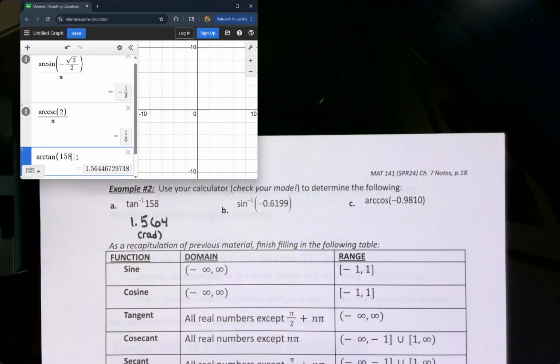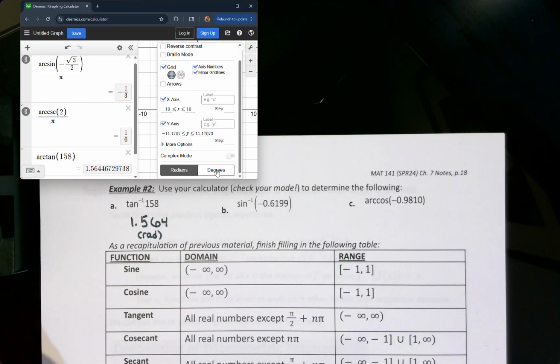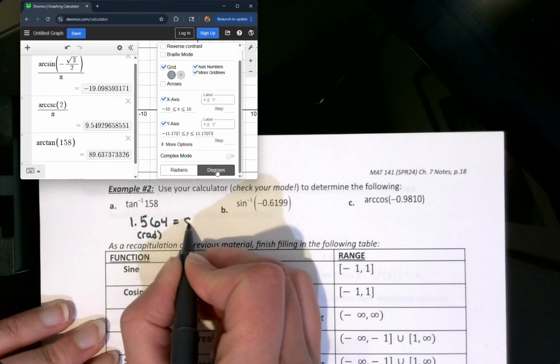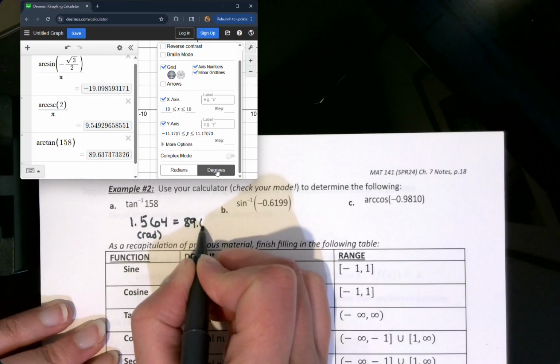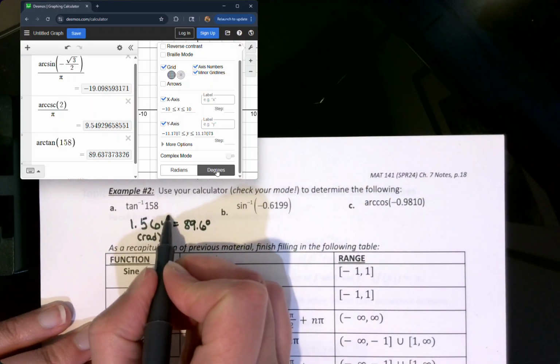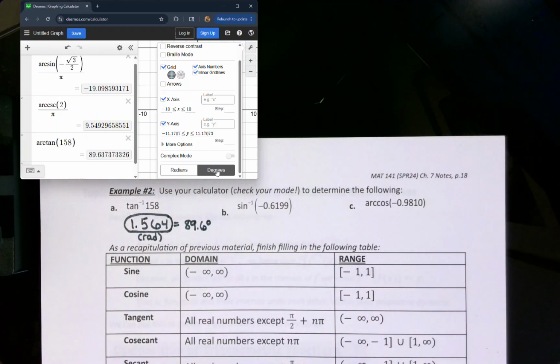Remember, radians are unitless, so I don't need to write a unit for radians. If I did want to know in degrees, I could switch into degrees and say about 89.6 degrees. But unless you're told to use degrees, we are going to be focusing on radian measure here still.